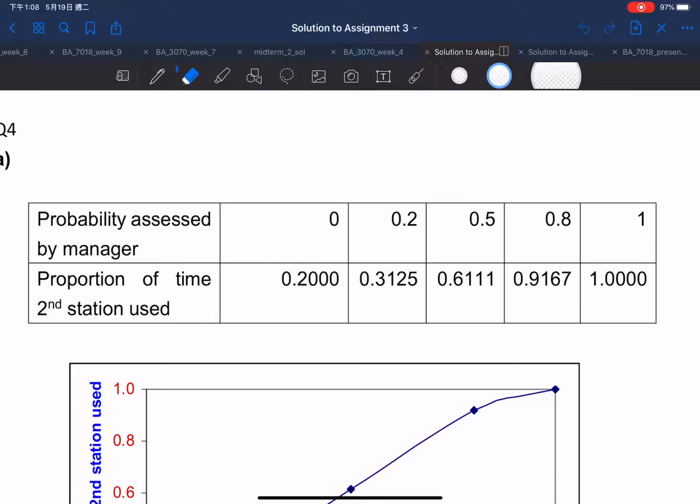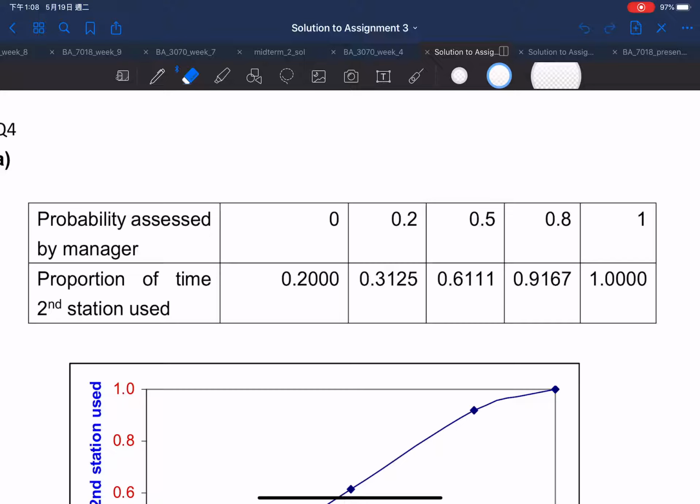I don't have the number here, but as I recall, the question itself gives you a relative number. Something like out of 100 days where this guy predicted that the probability is 0, in this case 20 days these things happen, and 80 days it didn't happen.